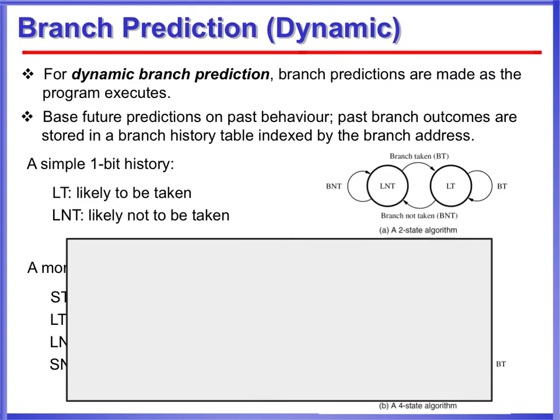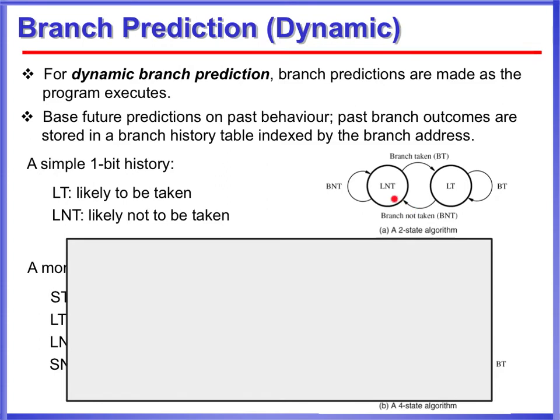So if we're in a loop and this branch is at the bottom of the loop and we keep branching, we're going to be in this likely take state. Every time that branch is executed, branch taken, we stay in the same state so that the next time we predict, yes, take the branch, likely taken. At some point, we're going to be wrong, and the branch isn't taken.